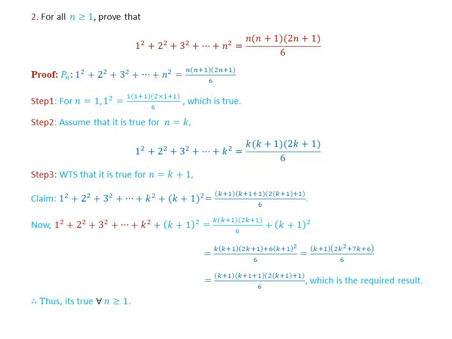Here we have common denominator which is 6, then በ6 ስናበዛው ይሄን ወይ ክሪስሎሳት ስናበዛው ይሄ ምን ይሆናል? k into (k plus 1) times (2k plus 1) plus 6 into (k plus 1) the whole squared over 6 ነው. And here we have k plus 1 as a common, k plus 1 common አለን.